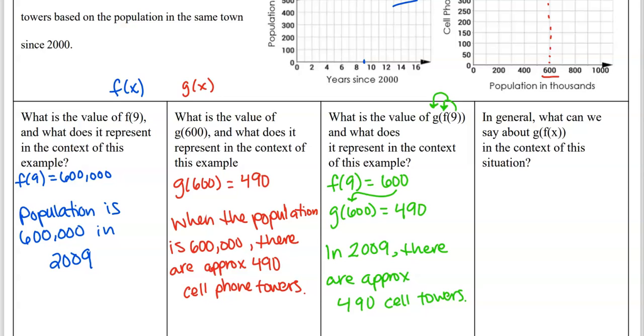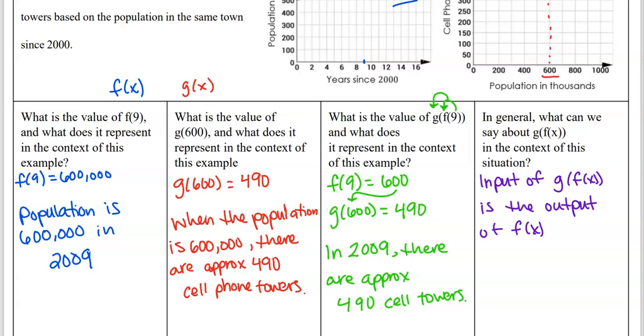In general, what can we say about G of F of X? So the input of our entire function, G of F of X, is the output of just F of X. So we used F of X to plug into the G function.